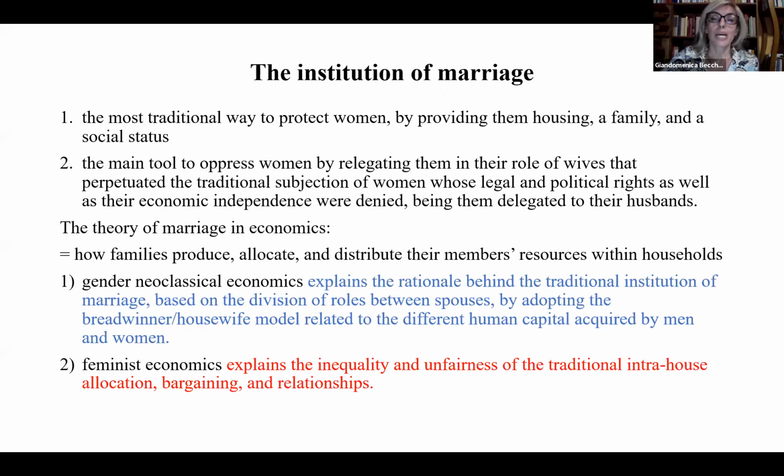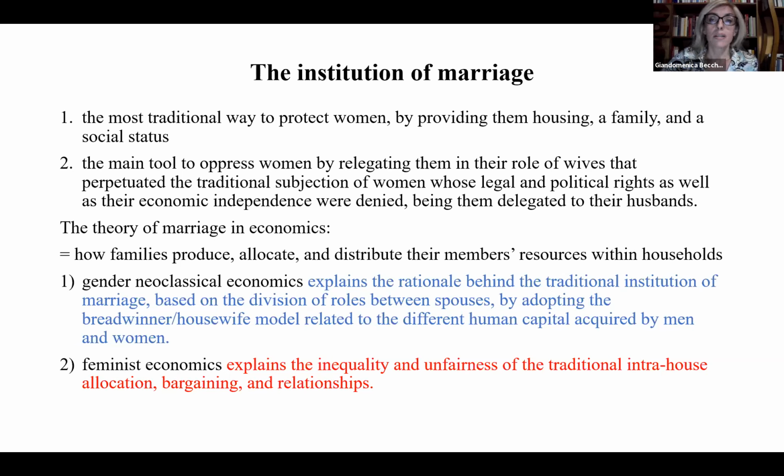One approach considers marriage as the most traditional way to protect women by providing them a family, housing, and a social status. On the opposite side, in social sciences, marriage has been seen as the main tool to oppress women, as the main tool to reinforce patriarchy.